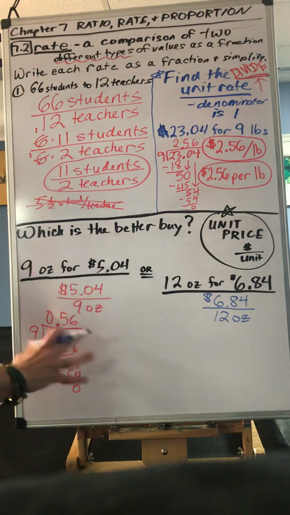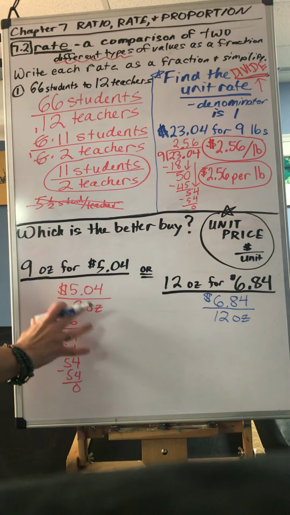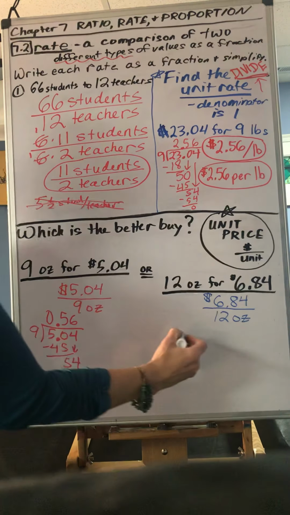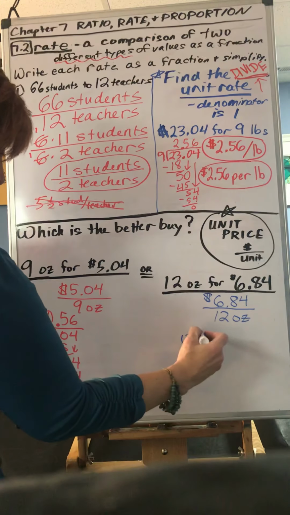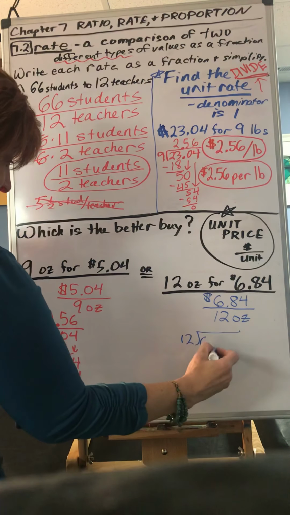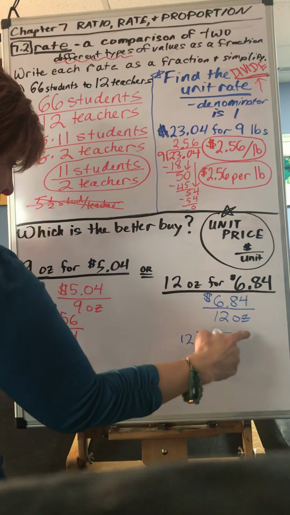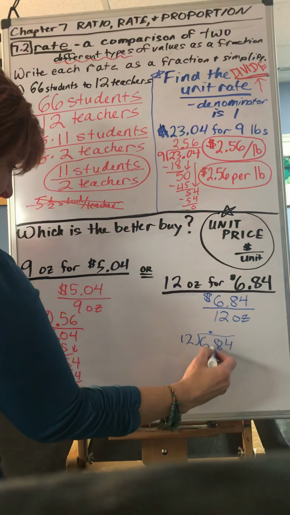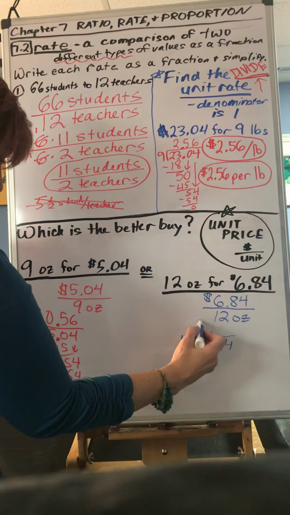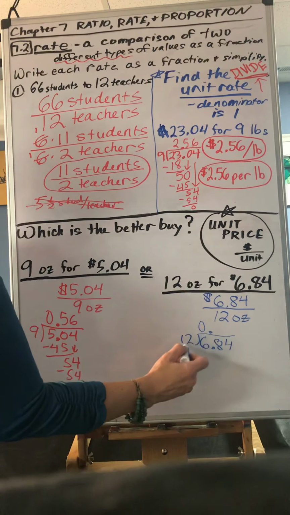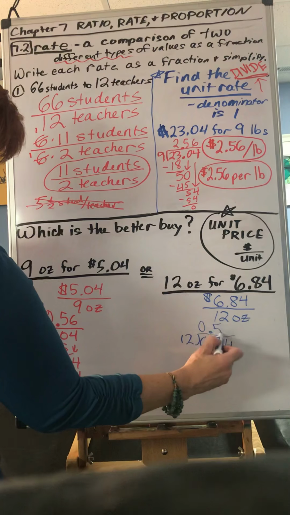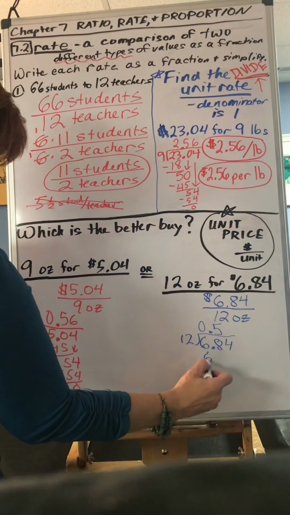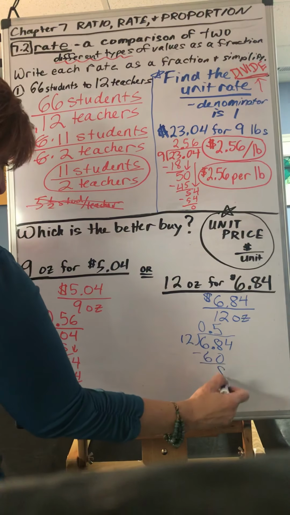Now over here, before I even write this as a unit price, I'm going to do my division over here. 12 into 6 and 84/100ths. I'm going to put my decimal up. 12 does not go into 6. 12 goes into 68 5 times. 5 times 12 is 60. Subtract and get 8.